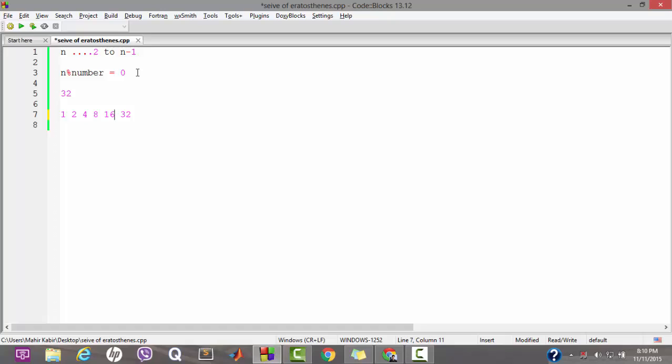As we can see, the highest number that can divide 32 is equal to half of 32, and it can't be greater, because let's think about it.